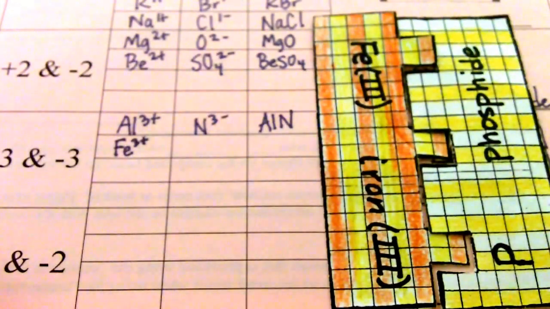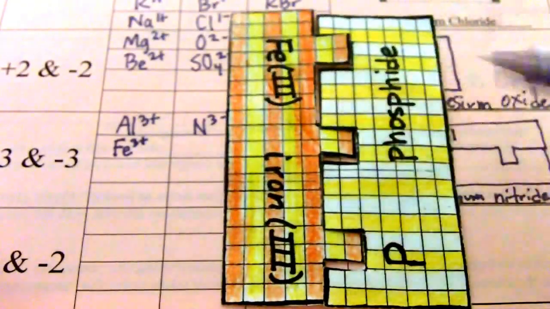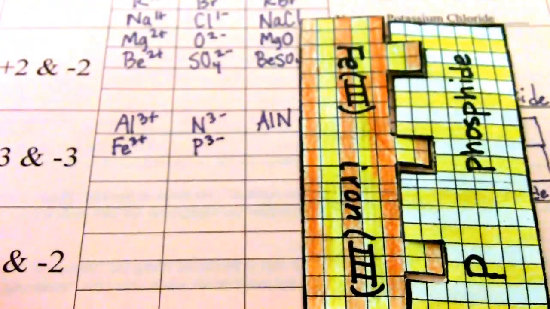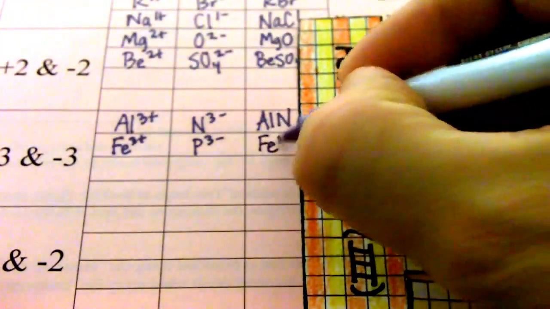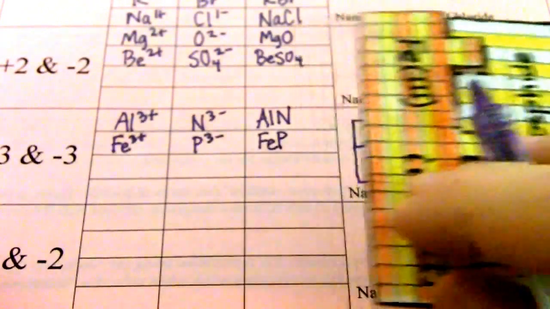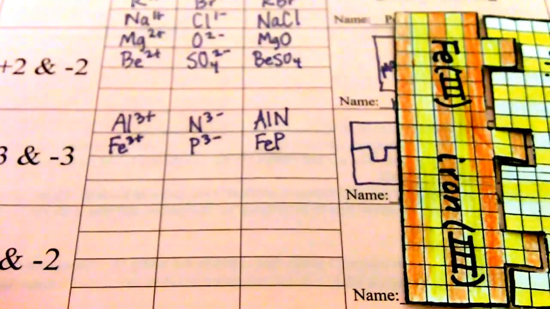But iron with the Roman numeral 3 means Fe 3+. And then our phosphide is a -3, so P 3- is what we write there. We put those together, we have FeP as the ionic formula. The 3's reduced to 1's, and the 1's aren't written.